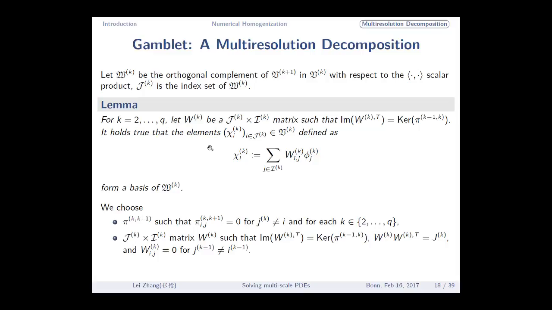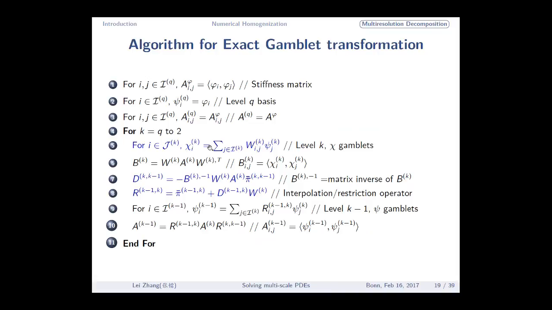This W has a very good condition number, it does not enter into the calculation, and it is also as local as possible. Good, so we have the algorithm to calculate this transformation.